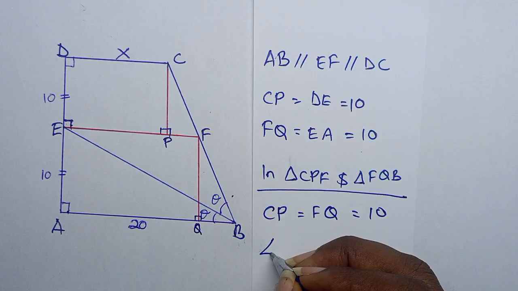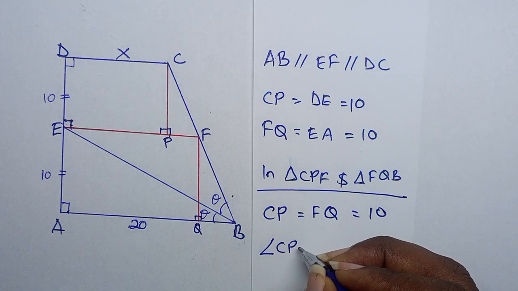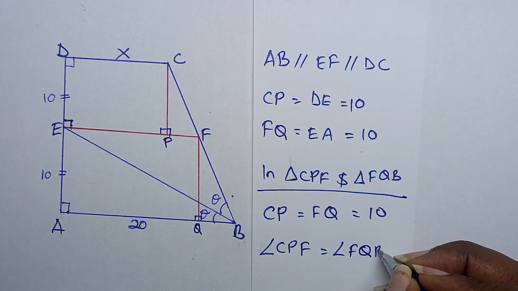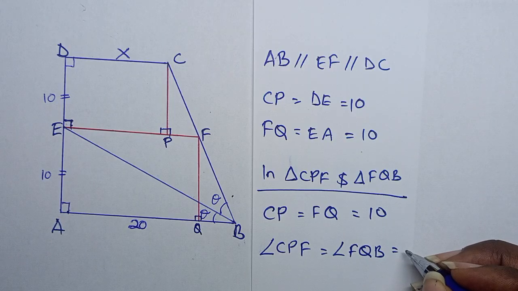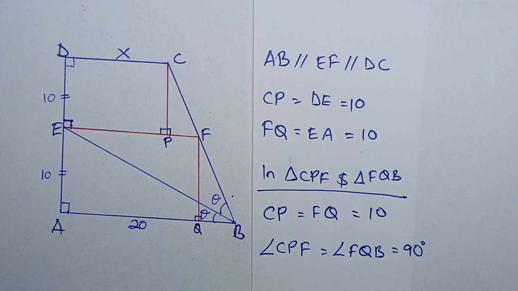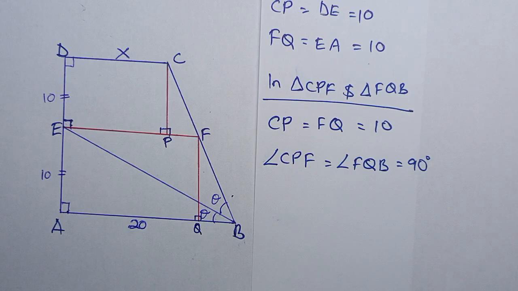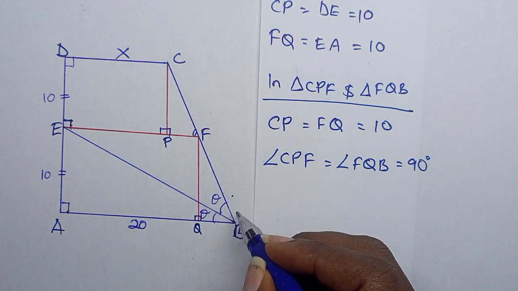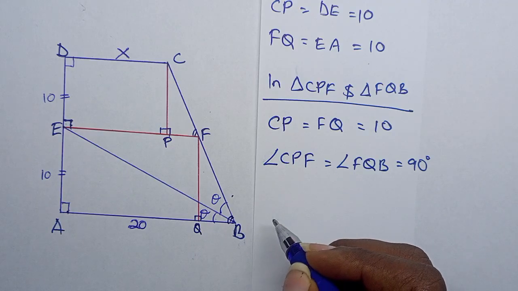Also, angle CPF is equal to angle FQB, which is equal to 90 degrees. This angle is 90 degrees. This is also 90 degrees. Now, that implies that this angle here is equal to this angle.